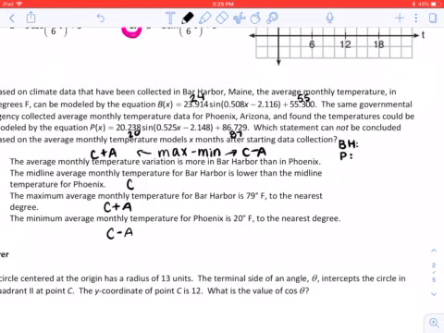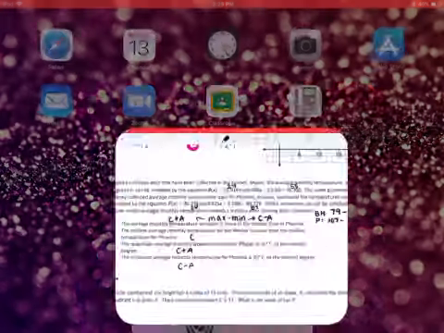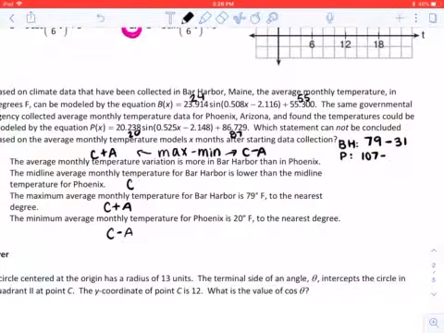So my max is 55 plus 24, which is 79, minus my min, so 55 minus 24, so that's 31. For Phoenix, it's my max 87 plus 20, getting that from C plus A, that's 107, minus my min, 87 minus 20, so that is 67.